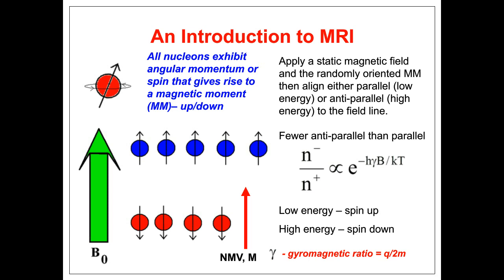So the net magnetization is really a very small fraction of the overall spins that gives rise to the signal. And the reason why this net magnetization vector, or M, is so important is that's the eventual signal that we're going to be trying to pick up.